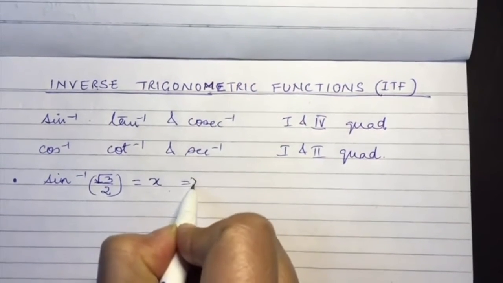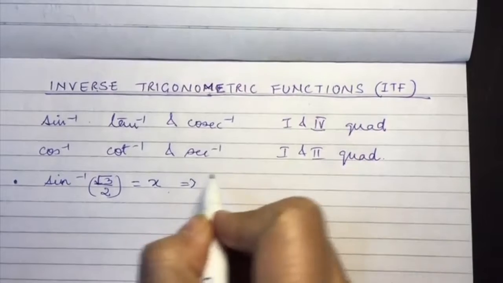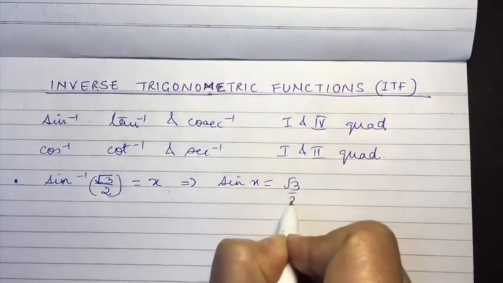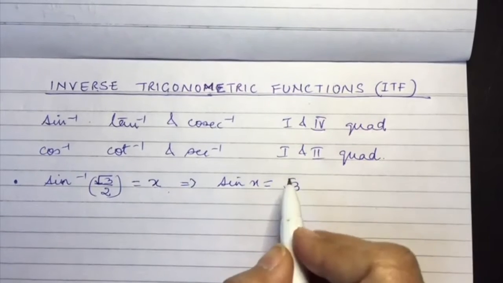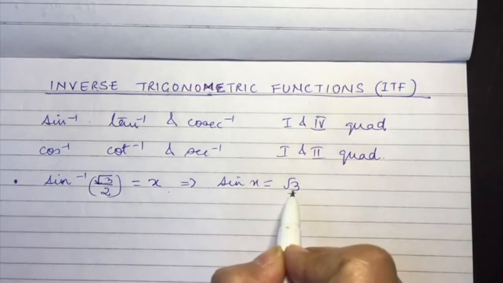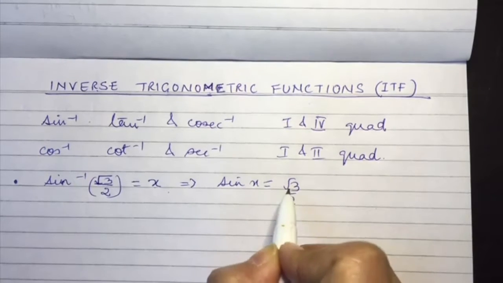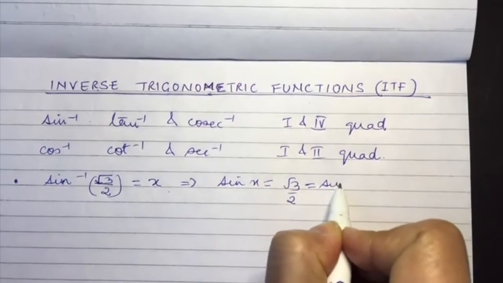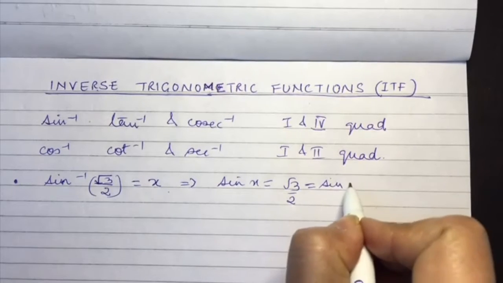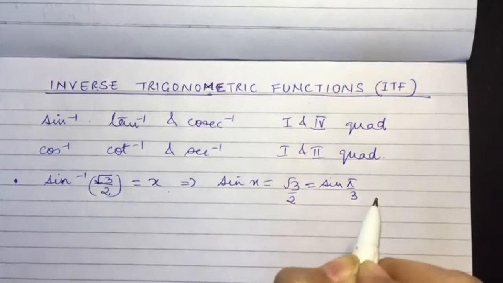Now this gives us sine x is equal to root 3 by 2, and for what values of x is sine equal to root 3 by 2? It is for the angle 60 degrees, which is pi by 3.